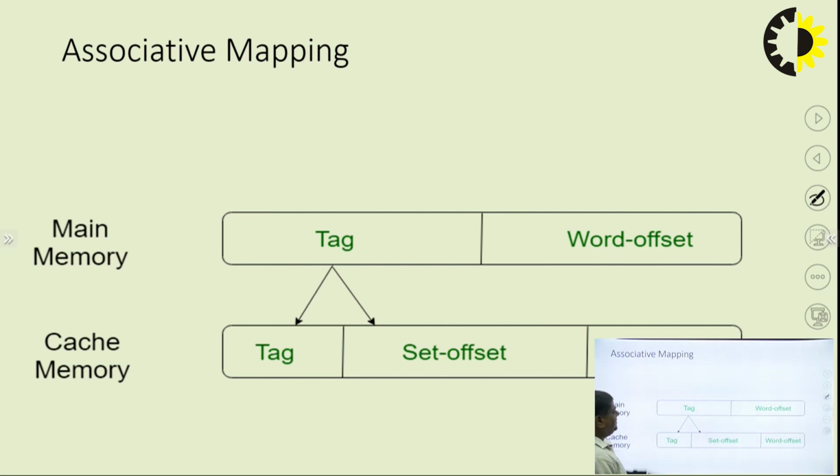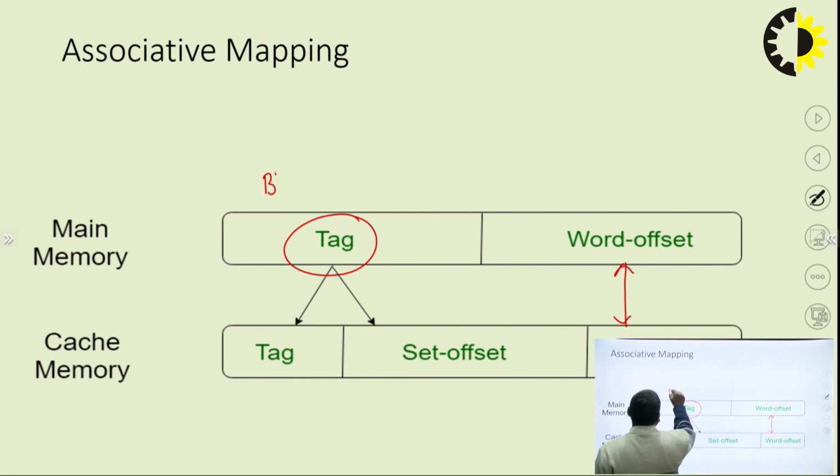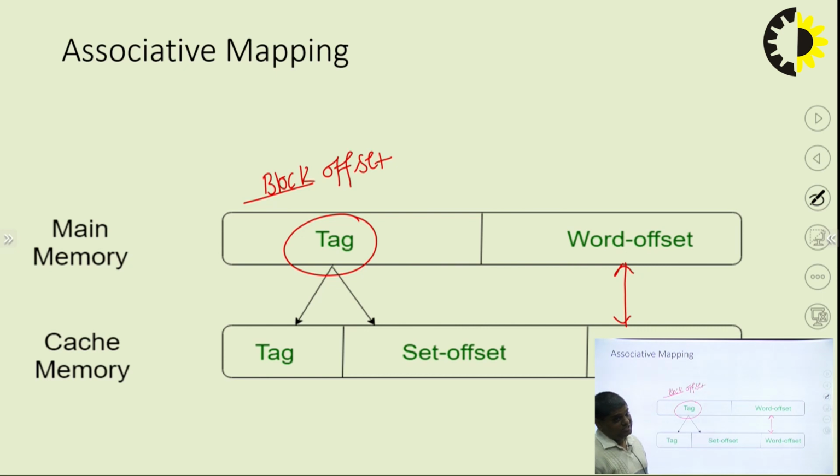Regarding references, this is the physical address of the RAM, and this is the logical address of the cache memory. I have already told that the word offset is not changed in any mapping. Only the tag, which is the block offset of the main memory, is also known as the tag.